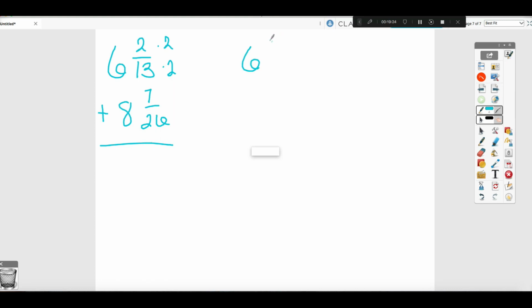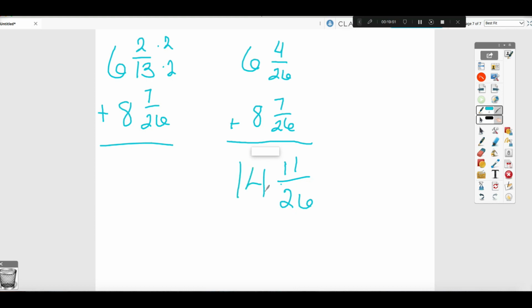So this becomes 6, and this just stays the same. 7 plus 4 is? Do I change my bottom number on my fraction? 6 plus 8 is? Is there anything to reduce there?